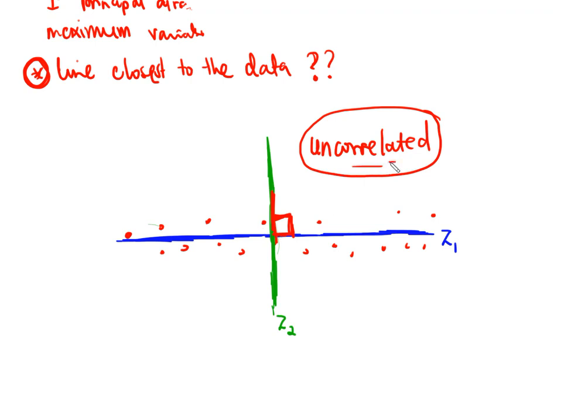They're uncorrelated. So the consequence of wanting the principal component directions to be uncorrelated is that we are forced to put them at 90 degrees to each other, which is good for us because once we calculate z1, it will be easy to calculate z2, since we just look for a line that is perpendicular to it, right?